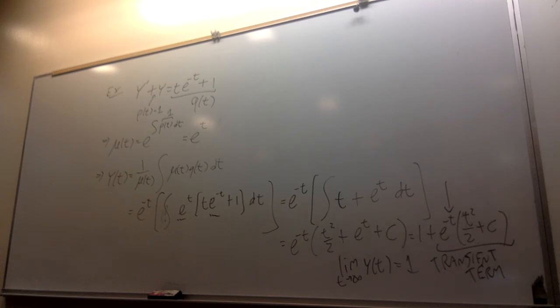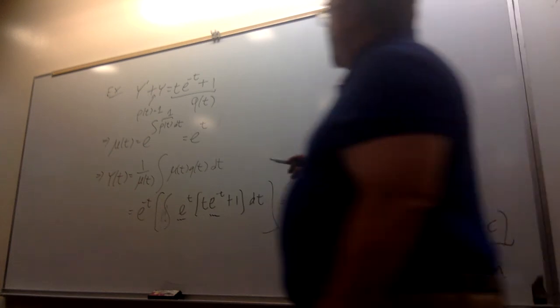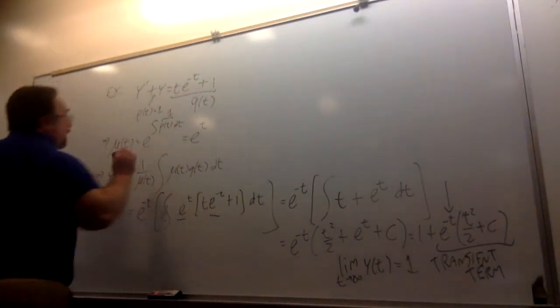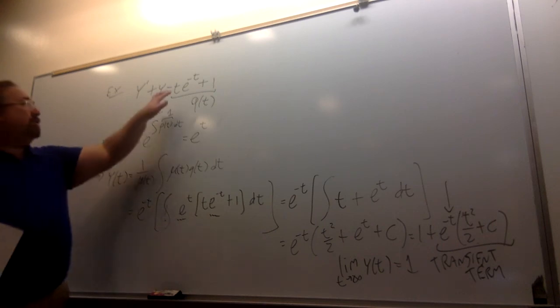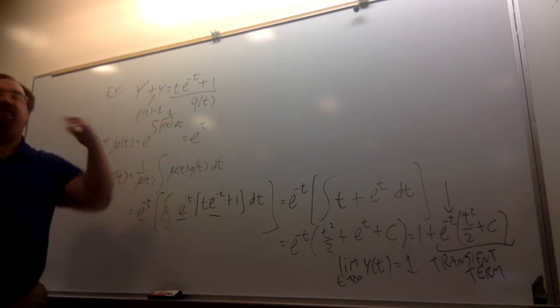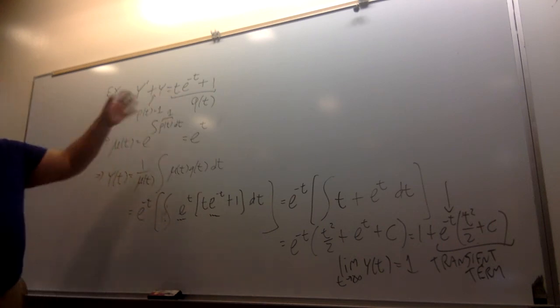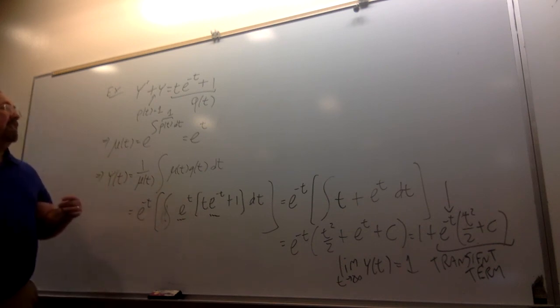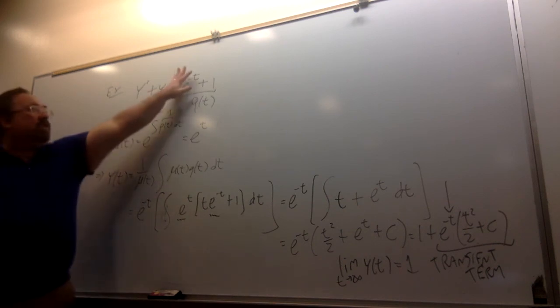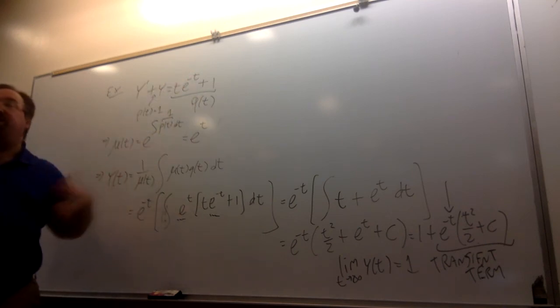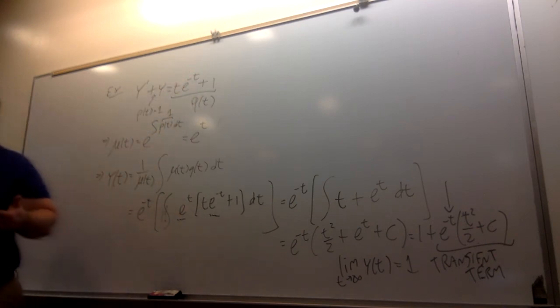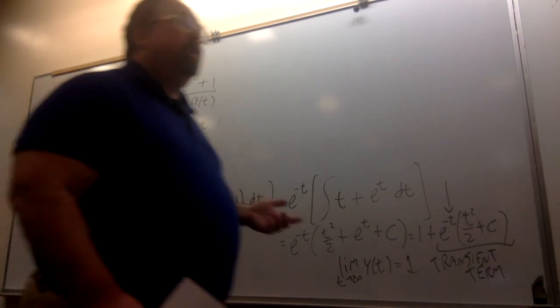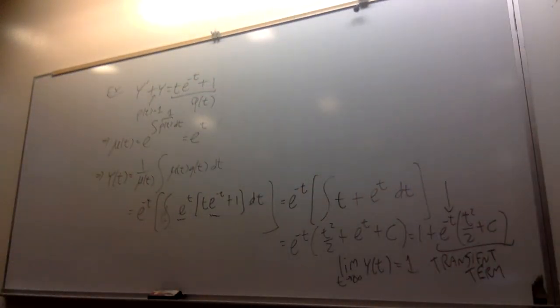But it kind of is, because as t goes to infinity, this part goes to 0. So even though this is not an autonomous equation, it converges to 1. If you ignore this term, because it's going to 0 anyway, and treat it as an autonomous equation, you would have an equilibrium solution of y equals 1.